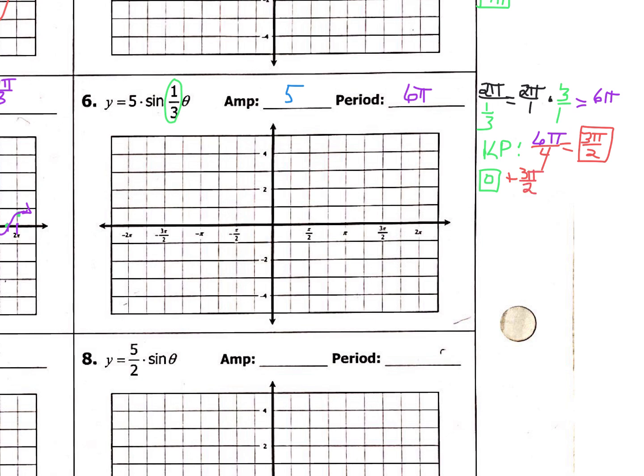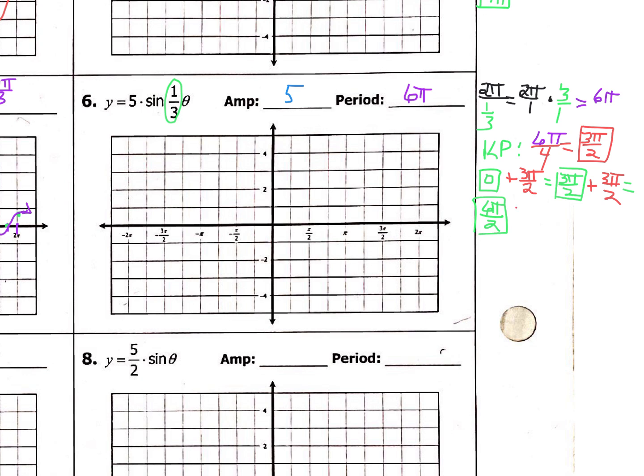So we're probably not going to get a full period on the right, because we can't get out to 6 pi. We can only go to 2 pi. So we'll only get 1/3 of it. But we're still going to do all 5 key points. So 3 pi over 2 plus another 3 pi over 2 equals 6 pi over 2, which there's your 3 pi.